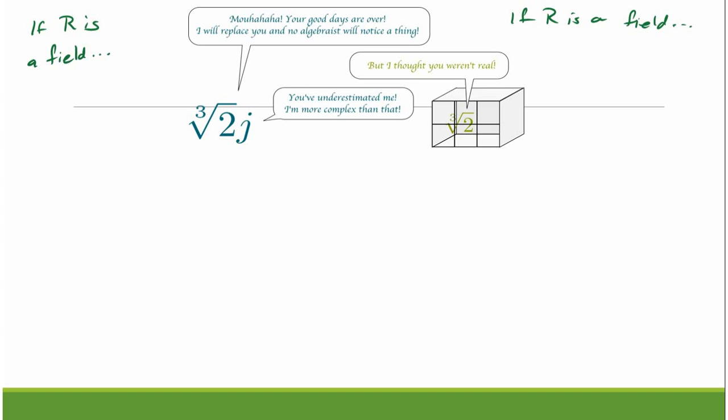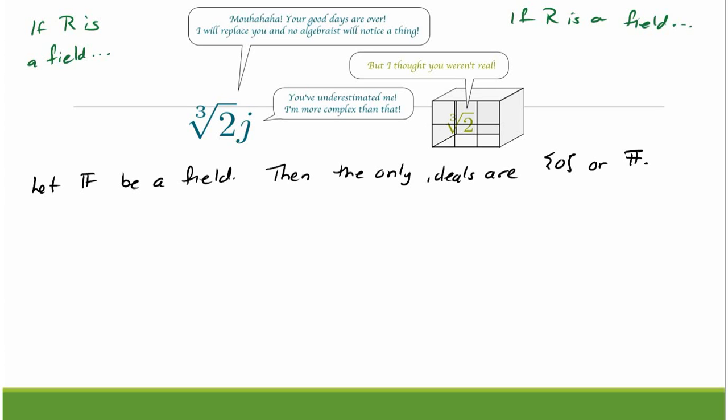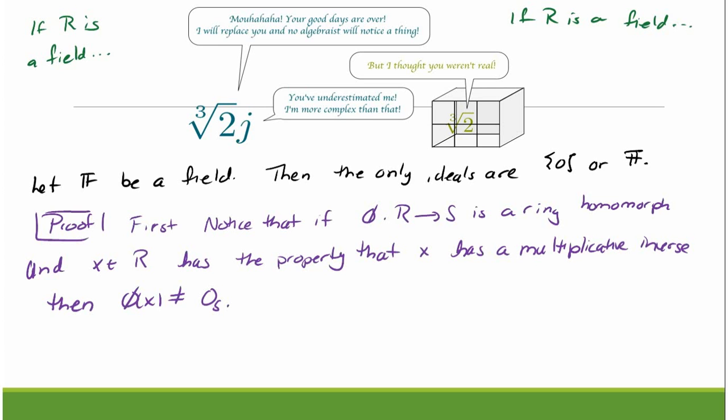What if R is a field? If I have a field, the only ideals are 0 and F. Think about why. If phi is a ring homomorphism and I have x belonging to R, the property that x has to have a multiplicative inverse means that phi of x is not 0.